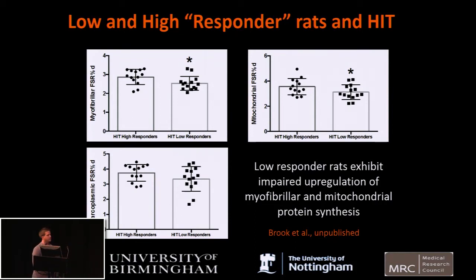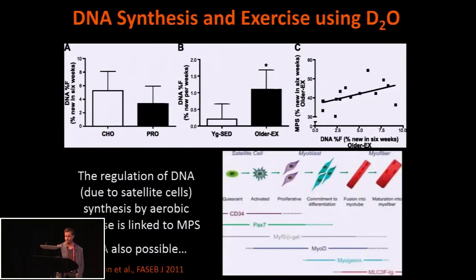And what you can see here, essentially, the main finding we got was that the low responders, for example, show a decline in both mitochondrial and myofibrillar fractional synthesis rate across the range of the training program per se, suggesting that these should be in some way directly linked to mitochondrial biogenesis.